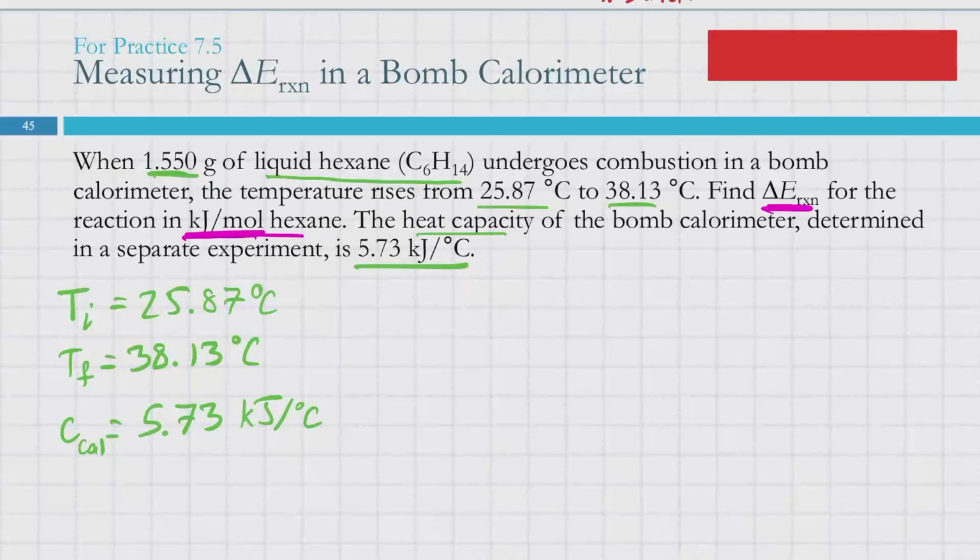Hopefully you can remember we're doing a change in temperature. So our Q cal, the amount of energy or heat gained by our calorimeter, is equal to C cal times delta T. That should be our equation.